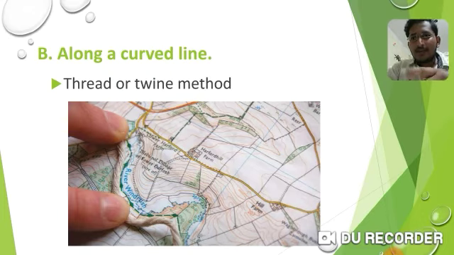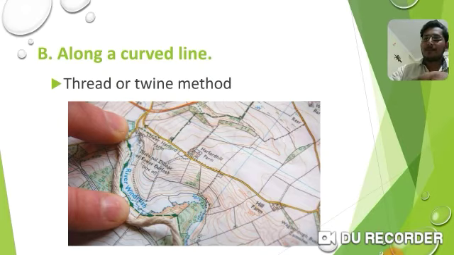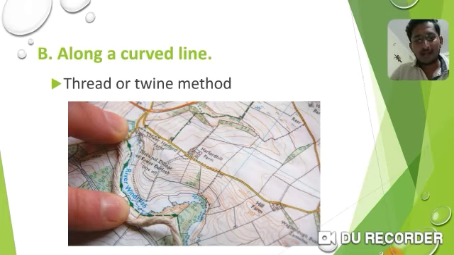There we use thread or twine method. Please observe the picture. This could be done in few steps. In a first step, we take a thread and place it along the curved path where we have to measure the distance, and in next step we mark the points, we lift it up and place along with the linear scale, then we get the distance and we convert it into the actual distance.